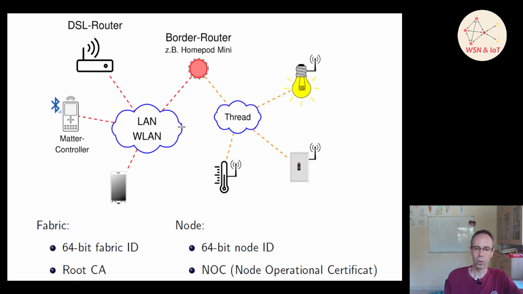You normally install it through commissioning, and this certificate you trust, and the nodes themselves then get a node operational certificate, NOC for short, and a 64-bit node ID. So when we are building up a Matter network, it's identified through the fabric ID and the root CA, and a node in this network is identified through its 64-bit node ID, through its own certificate, and of course also the fabric ID it belongs to.